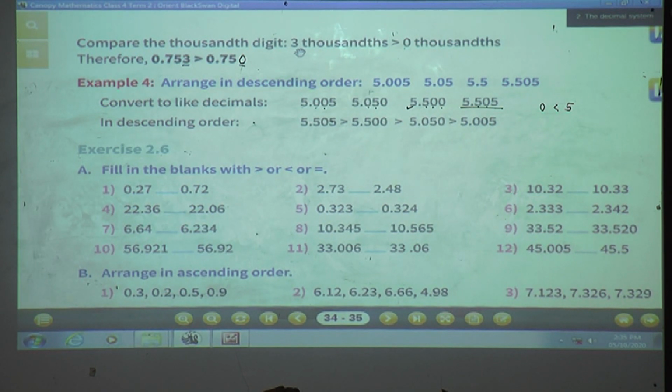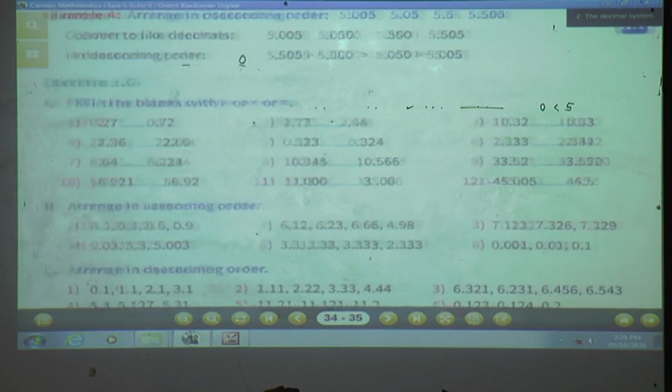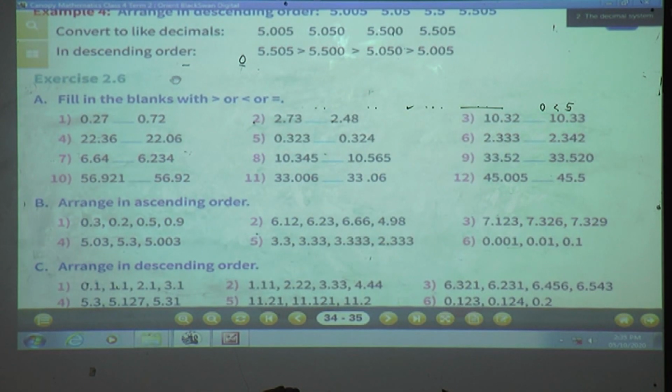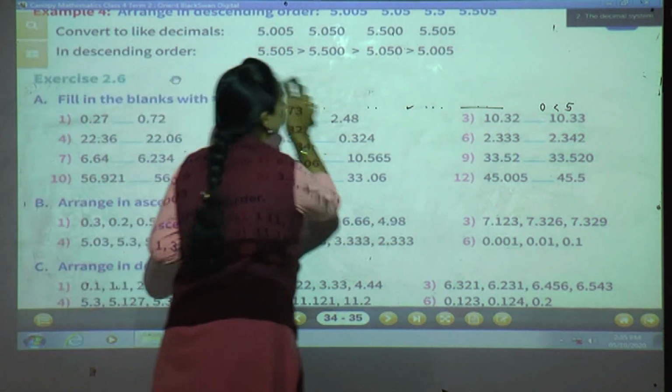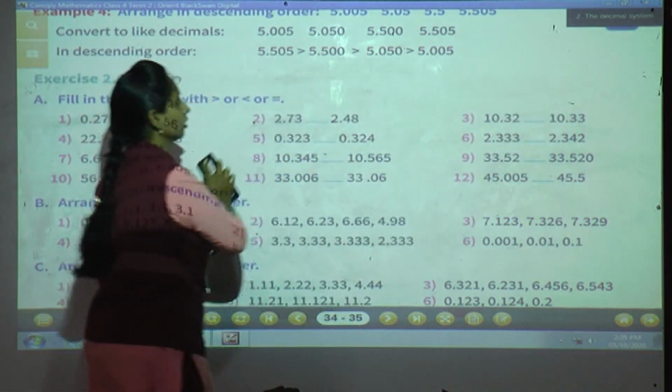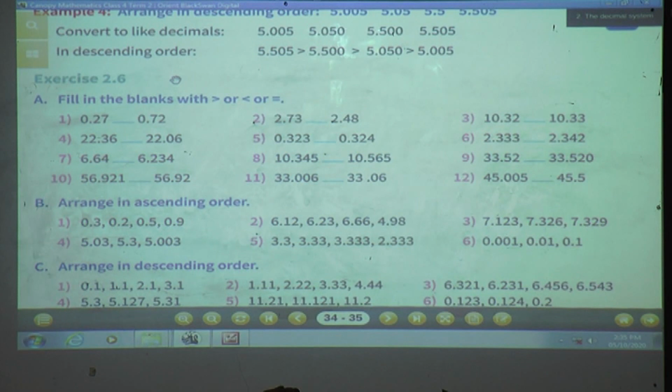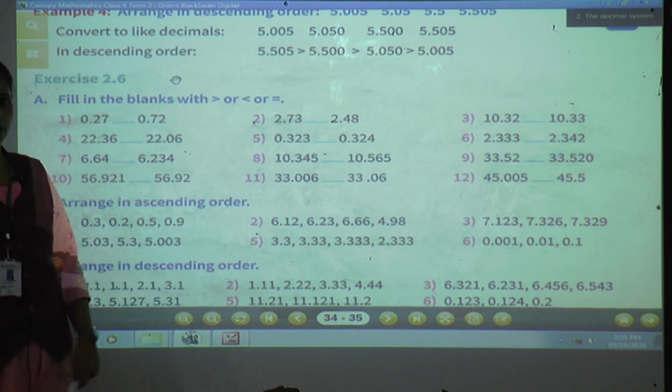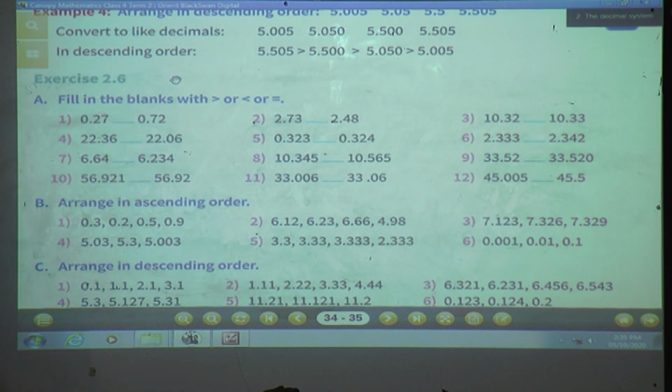Now we will solve exercise 2.6. What is the A question? Fill in the blanks with greater, smaller or equal symbols.